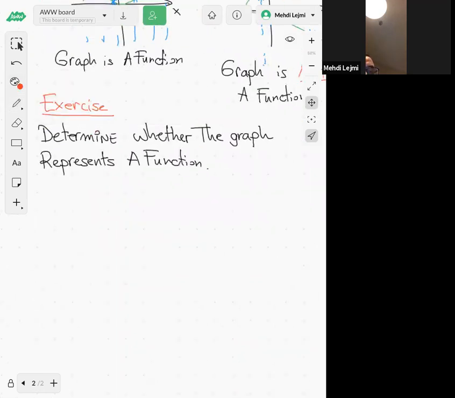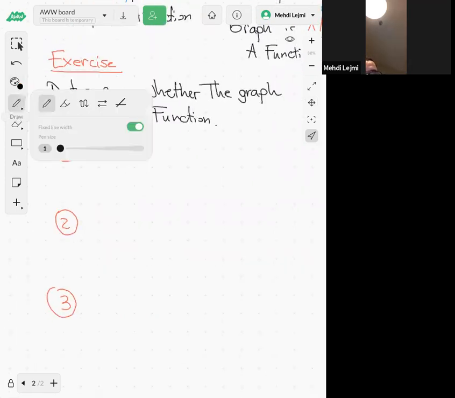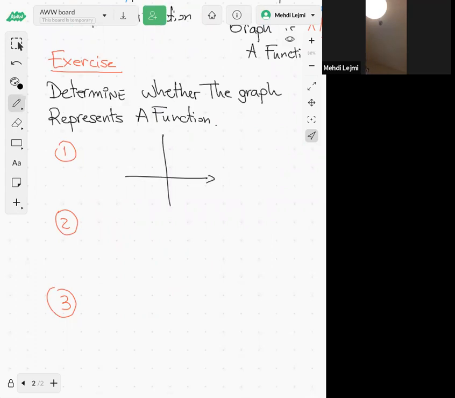Number 1, number 2, let's have 3 different graphs, okay? As usual, we have my 2 axes, my x axis, my y axis. All right, and so here's the graph. For number 1, I'm going to take this graph, it was green.